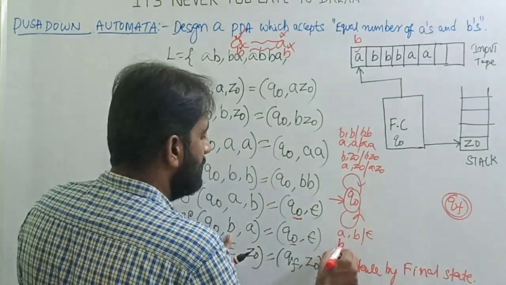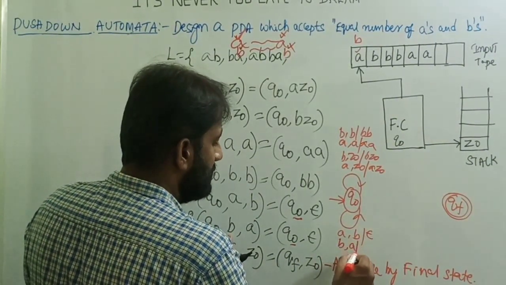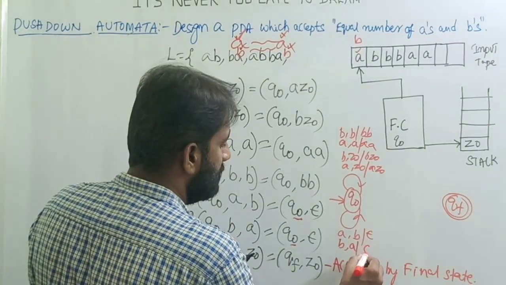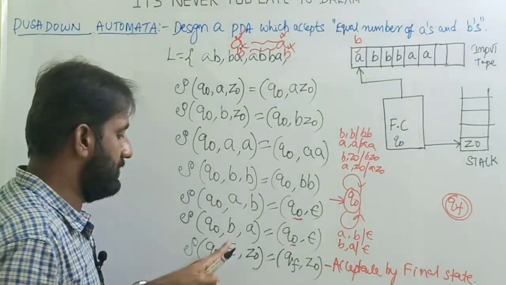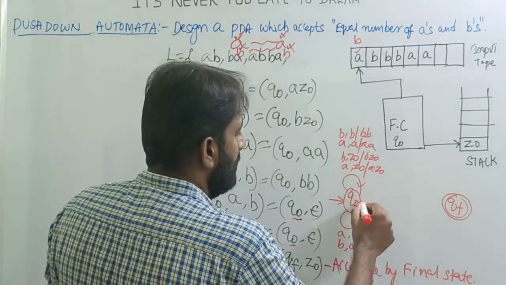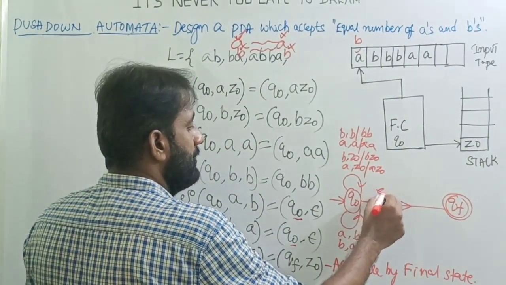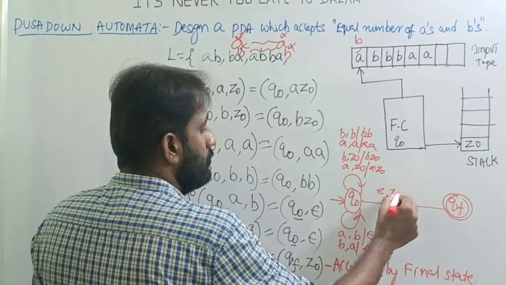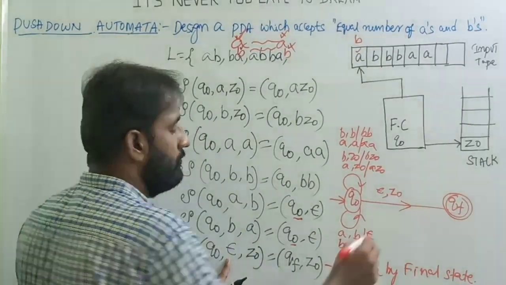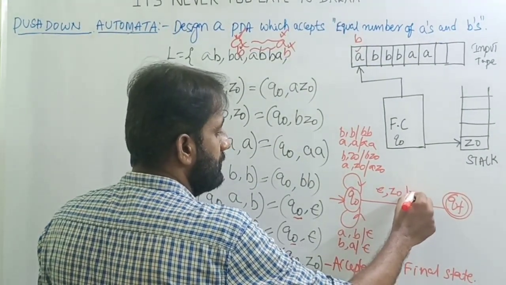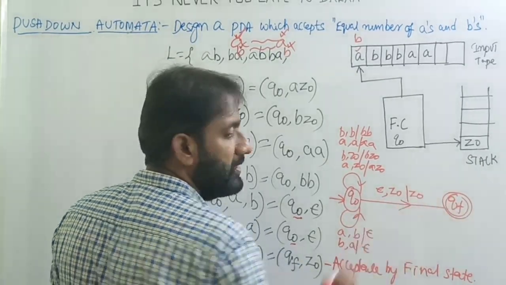Input is B, top of the stack is A, slash, doing the pop operation, slash epsilon. Then input is empty, top of the stack is Z0, so we are not doing any operation on the stack, Z0, just moving to the final state.